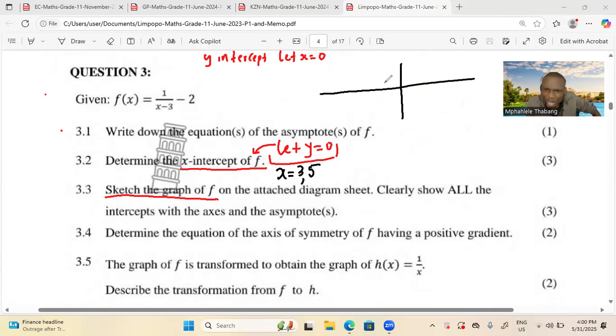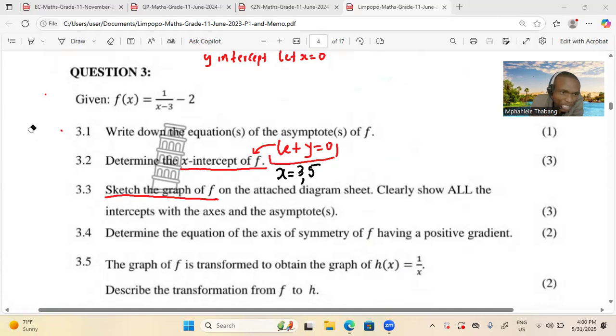If the graph cuts the y-axis at this point, that is our y-intercept, the y-cut of the graph. And to find the y-intercept, we must let x be 0. Always, when you are looking for the y-intercept, you let x be 0. So let's do that. Let's find the y-intercept.